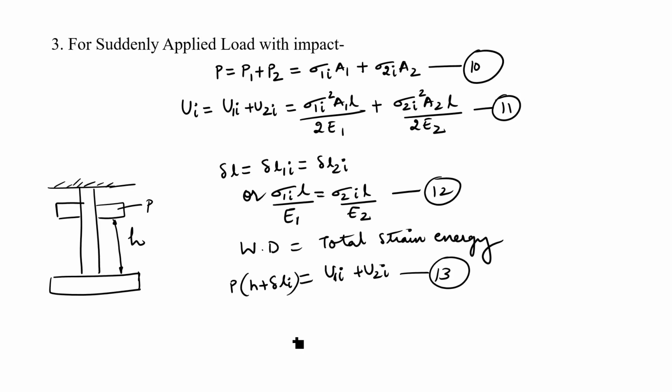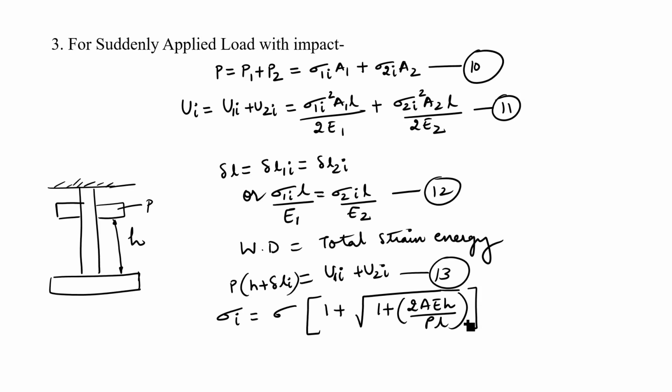Now one more thing which I need to add here is the relation between stress due to suddenly applied load with impact and gradually applied load. So you should know a relation, that is sigma I is sigma into 1 plus root of 1 plus 2AEh upon PL.